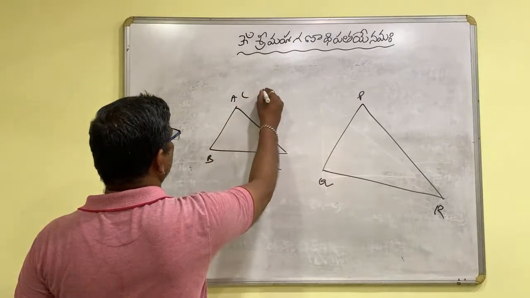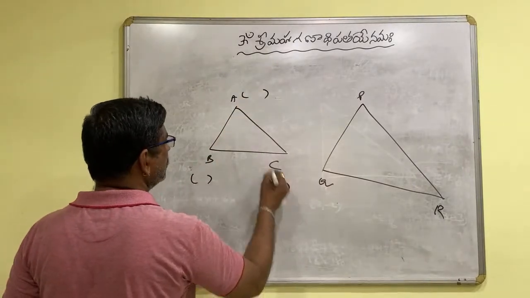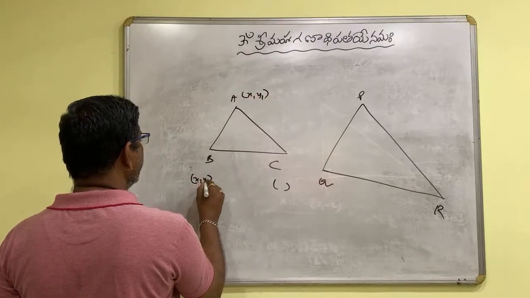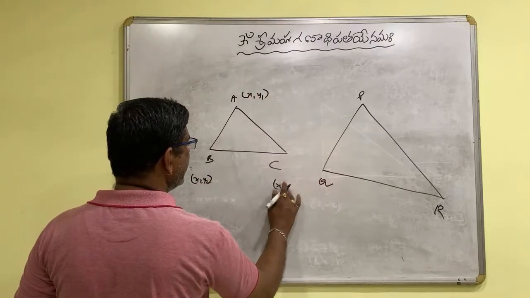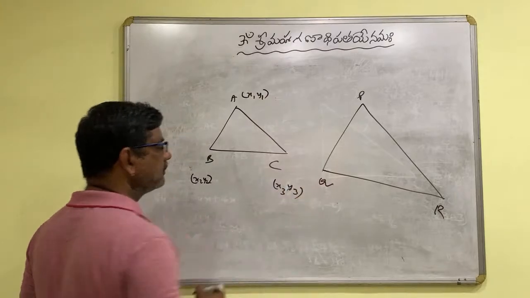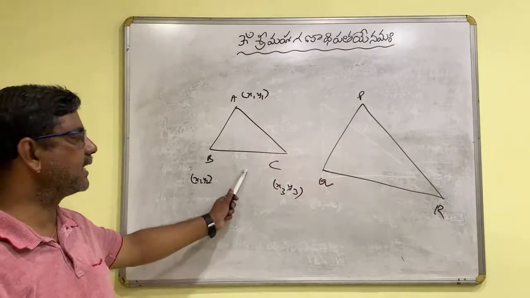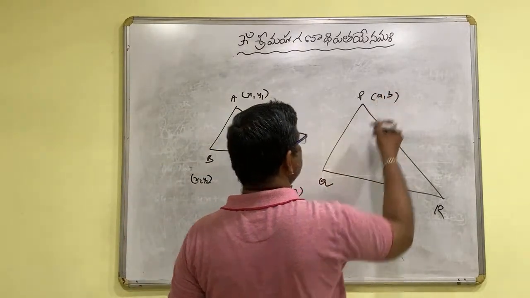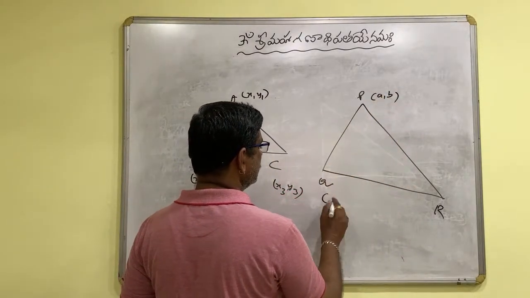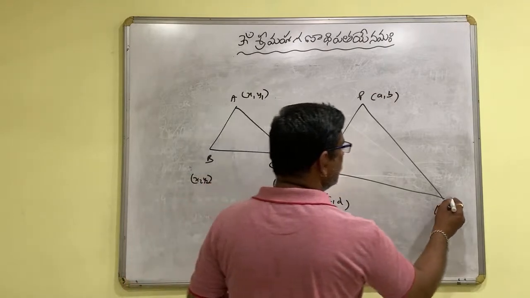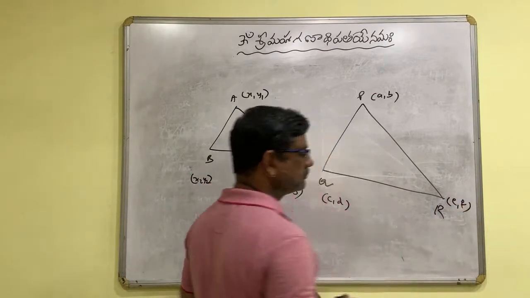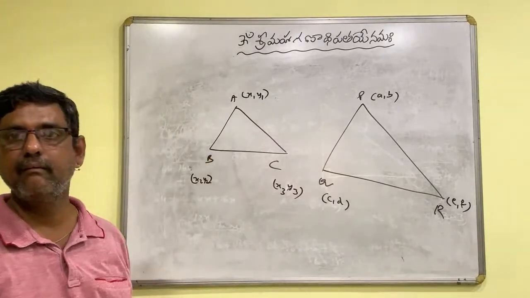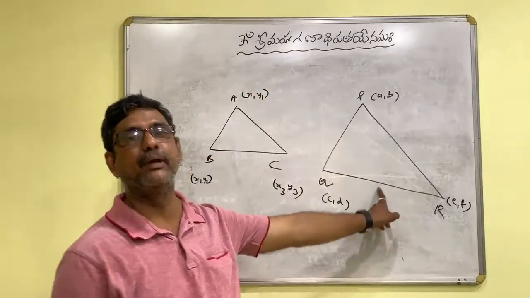We know the vertices (x1, y1), (x2, y2), (x3, y3) of triangle ABC, and we know the vertices of triangle PQR.